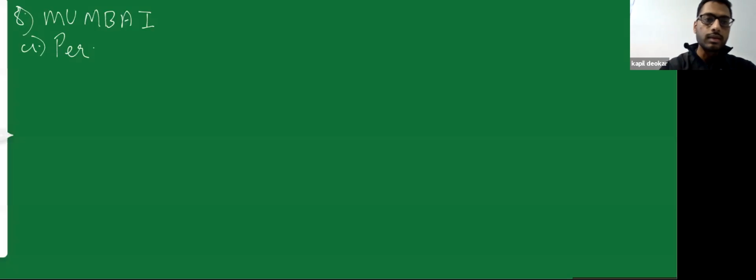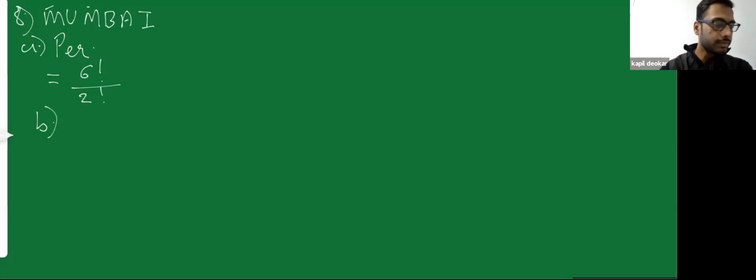How can we arrange the letters of the word here? MUMBAI, 1, 2, 3, 4, 5, 6. There are 6 letters. So 6 letters can be arranged in 6 factorial ways. But M is repeated twice. So if something is repeated twice, we just divide by that factorial. So I'll divide by 2 factorial.